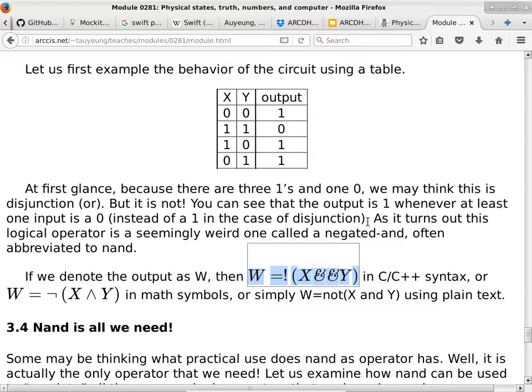If NAND is available, you would not need AND. You would not need OR. You would not need negation itself. This is the one operator. This is the one ring that can rule them all. Okay? This is the one operator that can operate all. Okay? Really? And you go like, how? How is that possible?